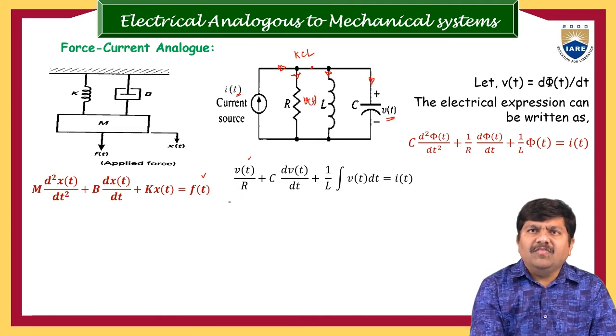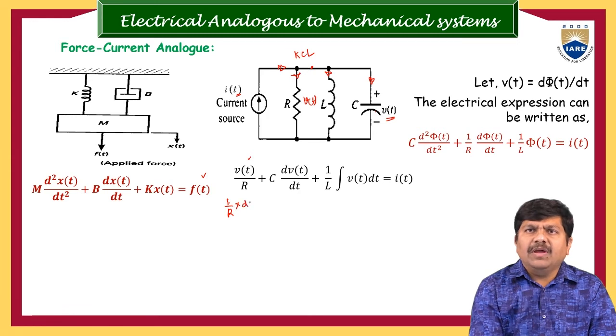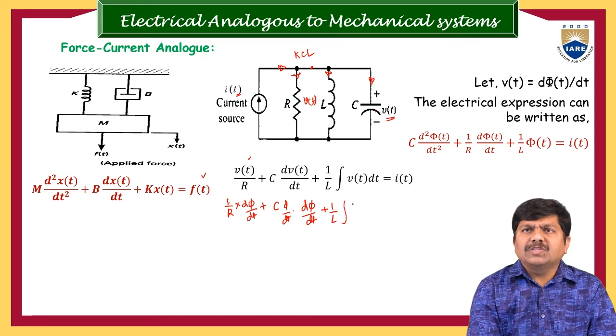This is 1 by R into V of t, which is d phi by dt, plus C into d by dt of d phi by dt. I am not writing phi of t, just for simplification I am writing just phi, plus 1 by L integration of d phi by dt into dt equals I of t, the current. So the dt gets cancelled, and the d and the integrator cancel.